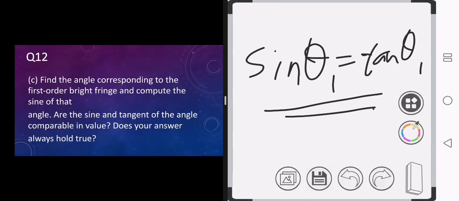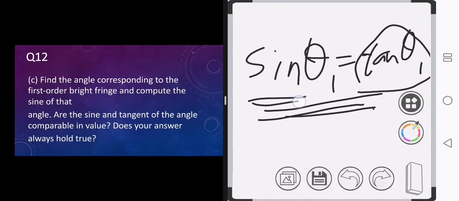So why is it the same, and why can we use the tangent when supposed to be we use sine?